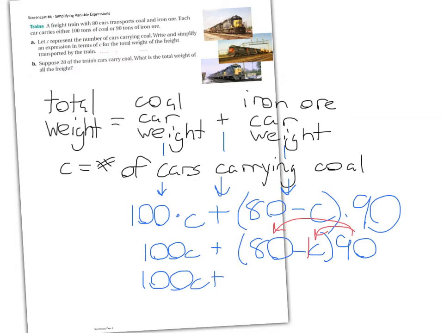Well, 9 times 8 is 72. So 90 times 80 is 7,200. And 90 times negative 1C, well, 90 times negative 1 is negative 90, but 90 times negative 1C is negative 90C. Now we're in a really good spot to put all of this together.